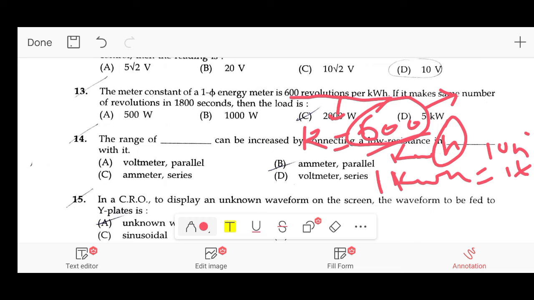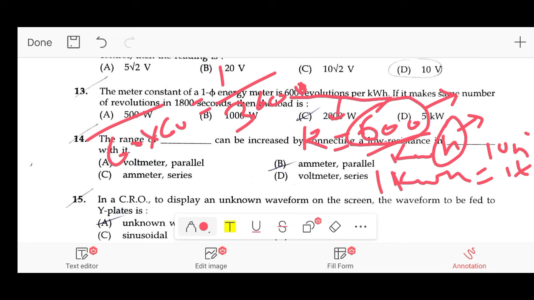He has given the meter constant, meaning the disk makes 600 revolutions per kilowatt hour, and it makes the same number of revolutions in 1800 seconds. Here we have kilowatt hour in the denominator. Hour converted into seconds, 60 into 60, is 3600.